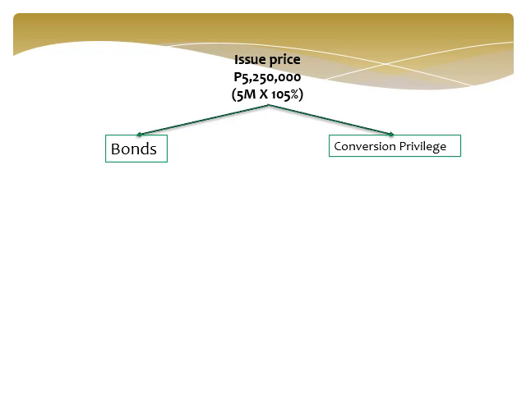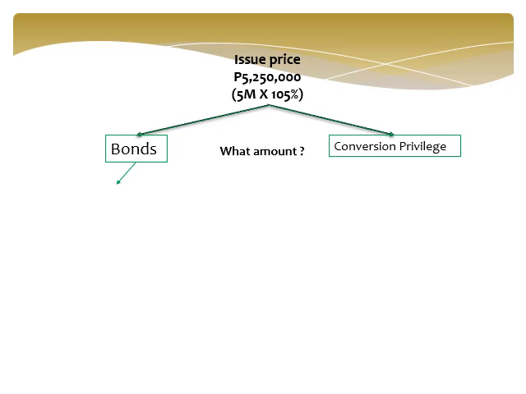equity component. So, when we allocate the amount of a compound financial instrument, we always first determine the liability component. Then, the residual is the equity component. So, for the bonds, since the market value of the bonds without the conversion privilege is given, that is what we will use.